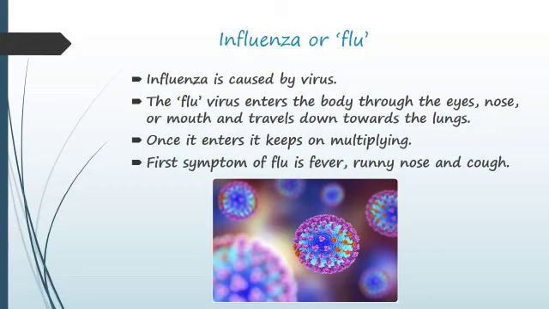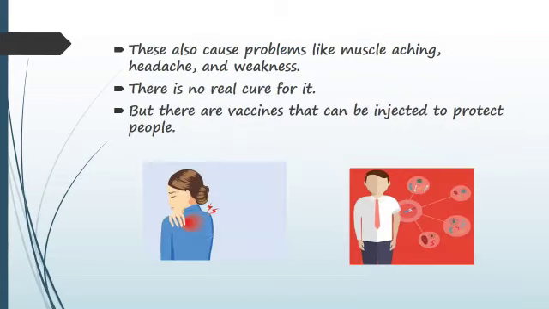Once the virus is in the windpipe, bronchi, and bronchioles, it keeps on multiplying. The very first symptoms are runny nose, sore throat, cough, and fever. When the body tries to overcome the virus, it releases substances to fight it, which results in muscle aching and weakness.